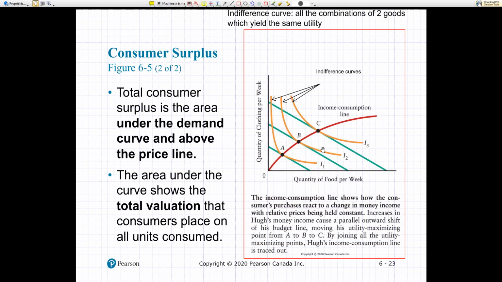And of course, then what can I say? This indifference curve gives me more happiness than that one. Why? Simply because if I compare point B and point C, I have more food and more clothing per week, and the fundamental assumption of consumer behavior is that more is better.